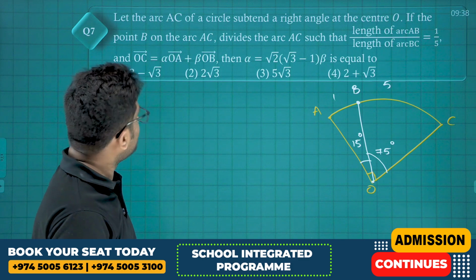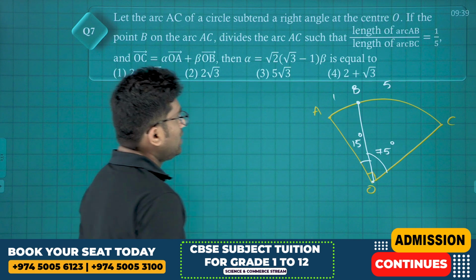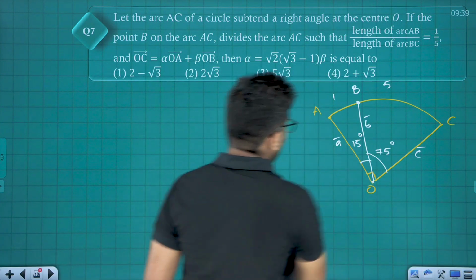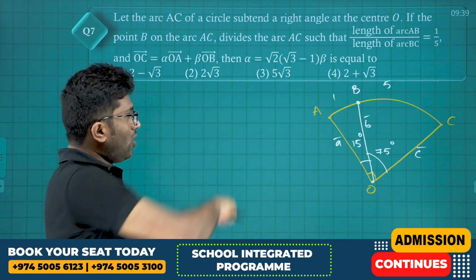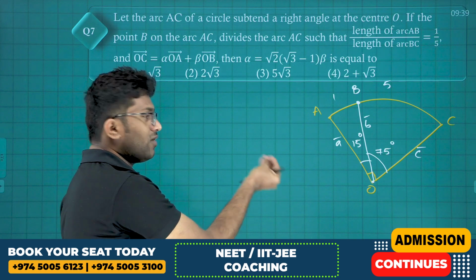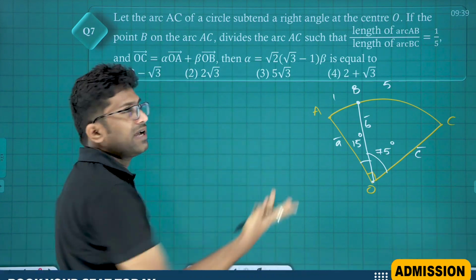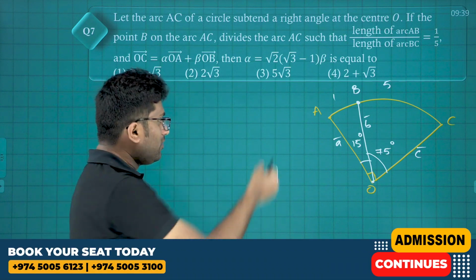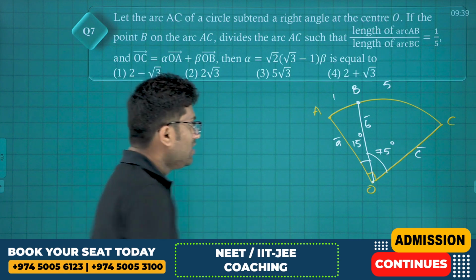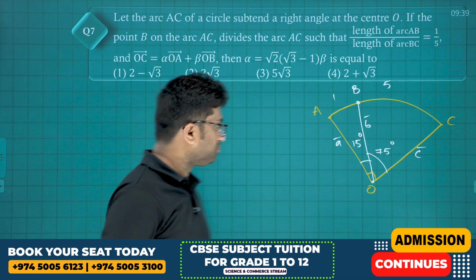Okay. Next. Let's say this is C bar, this is B bar, this is A bar. Let's take the radius of the circle as 1 unit, friends. Anyhow, whatever the radius is, both sides it will cancel if you take the mod. So for simple calculations, we can take the radius of the circle as 1 unit, that is mod A bar equals mod B bar equals mod C bar equals 1.